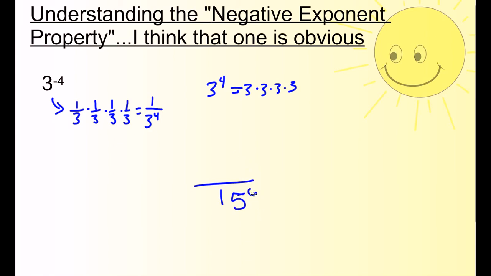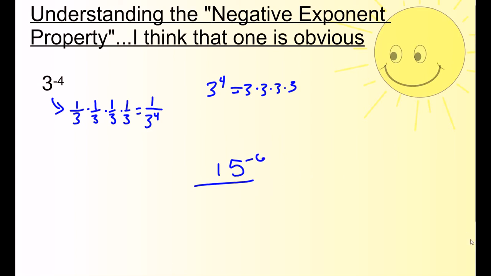Now, when I move the whole power down, the negative goes away. Now it's 5 to the positive 6. And up top, we would have a 1. And that trick works forever. If I had a positive 6 down here, and I move the whole term up top, it would be a negative 6 again.